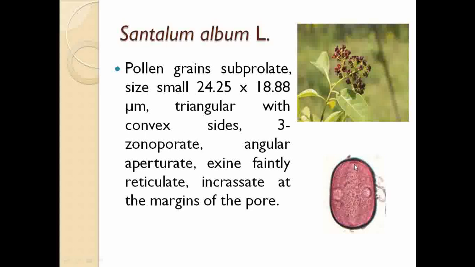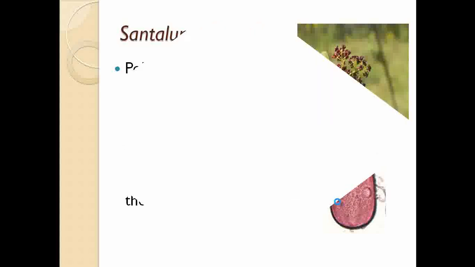Then it shows the presence of three apertures. So it shows a three zonocolporate structure, while the apertures are angular. Then the exine is reticulate, and the margins present here are porous. They show the presence of pores.